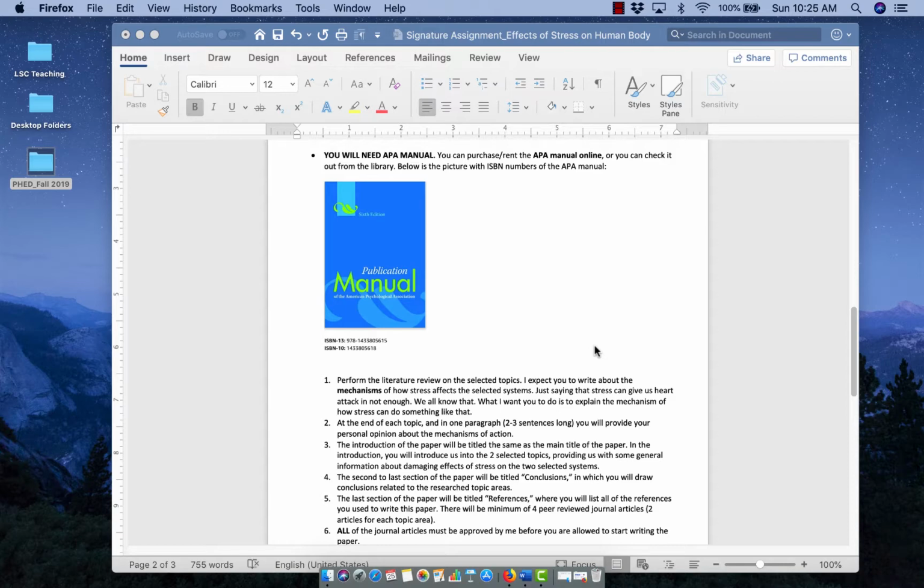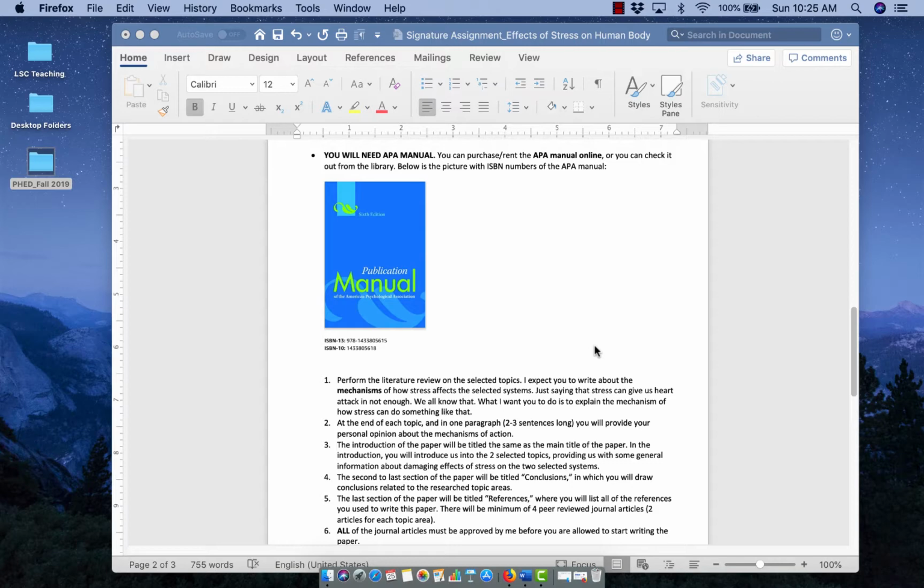We know that it affects the immune system, but how? If you say stress suppresses the immune system, sure, we know that too, but how? I really want to read the mechanism behind how stress actually affects the immune system.